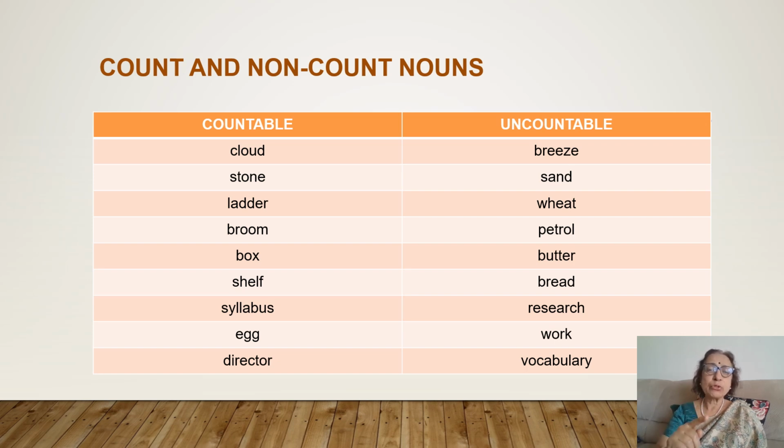You have cloud, stone, you can say clouds, you can say stones, you can say ladders, you can say brooms, you can say boxes, you can say shelves, you can say syllabi or syllabuses, then you can say eggs or you can say directors. These are all possibilities which we have as far as the count nouns are concerned, count or countable.